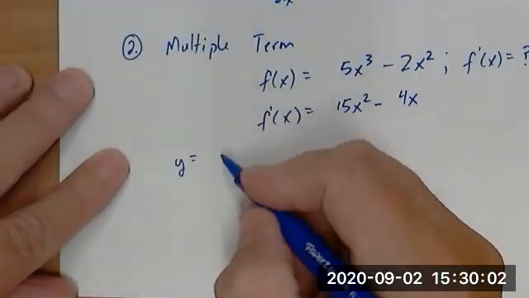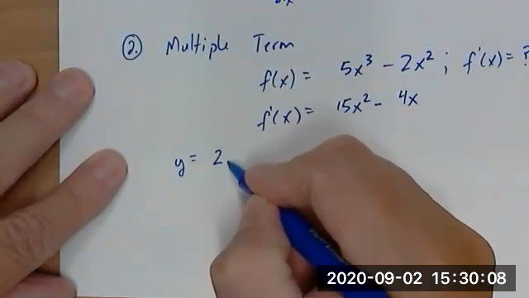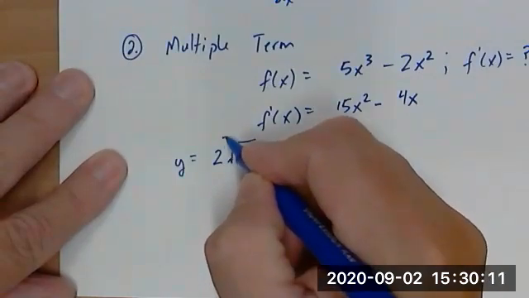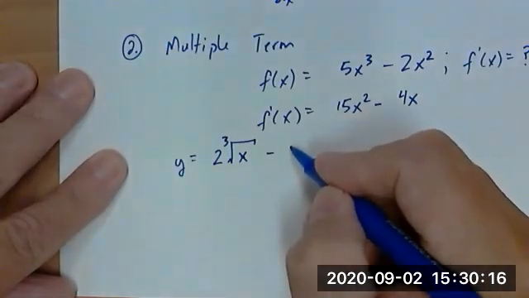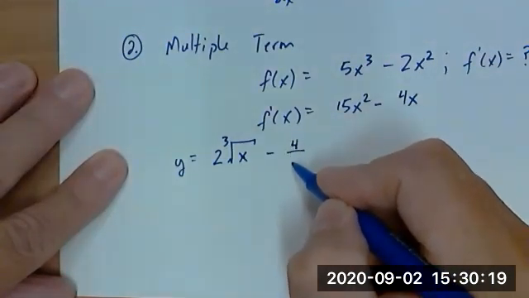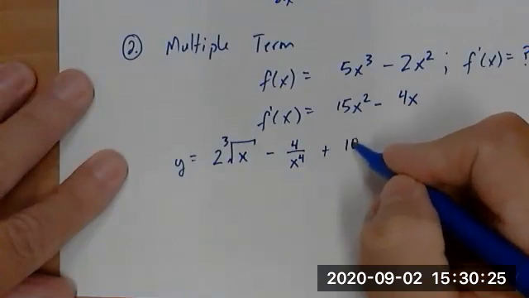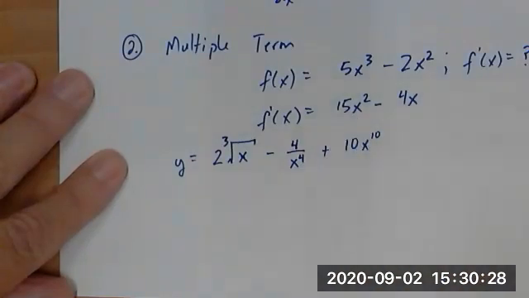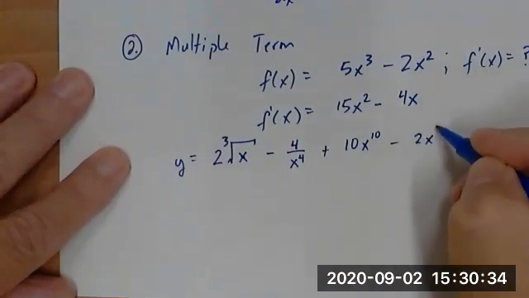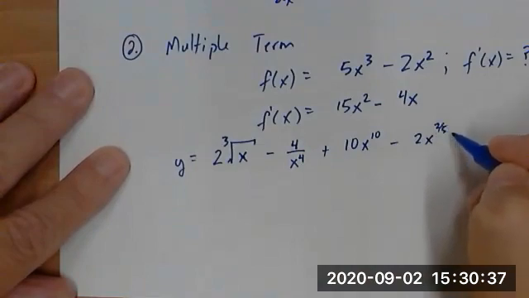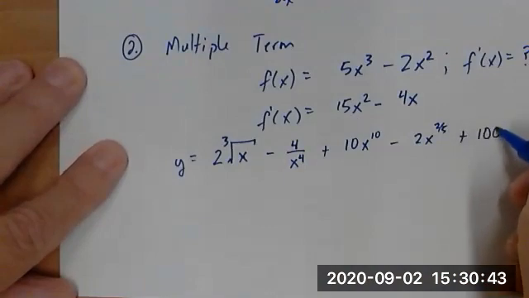How about 2 times the cube root of x, minus 4 over x to the 4th, plus 10x to the 10th, minus 2x to the 2/5, plus 100.